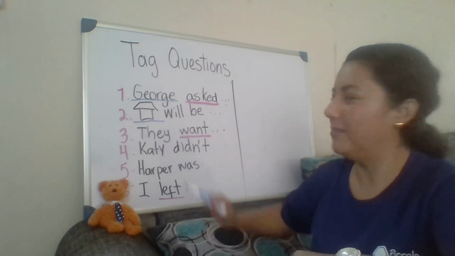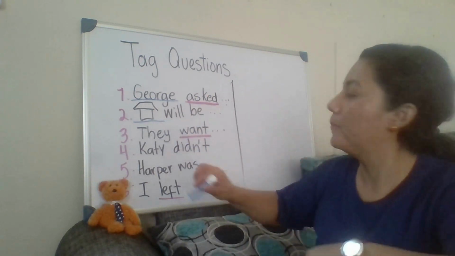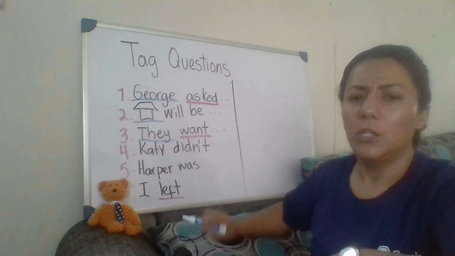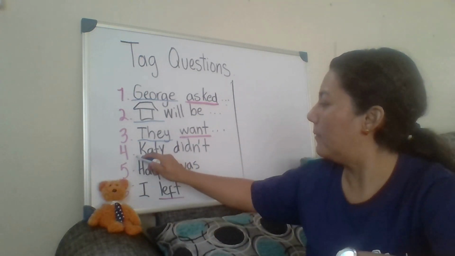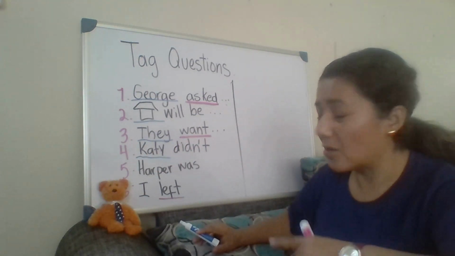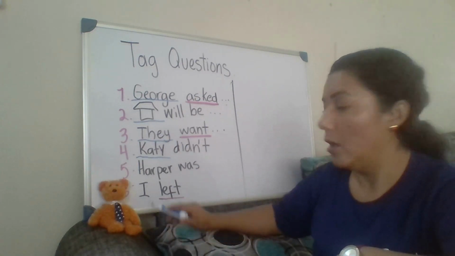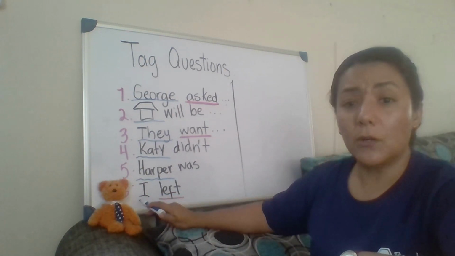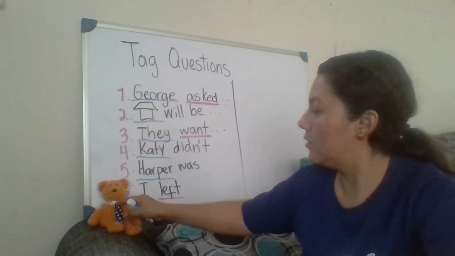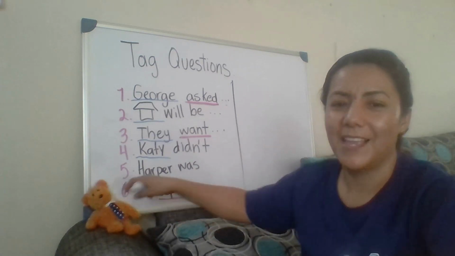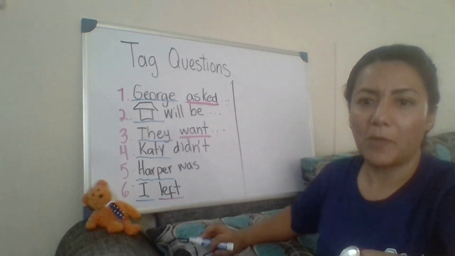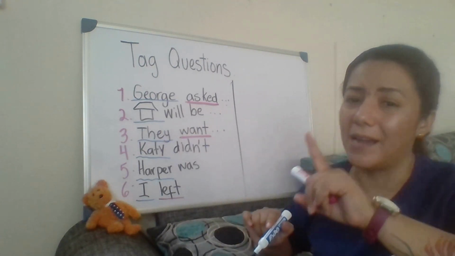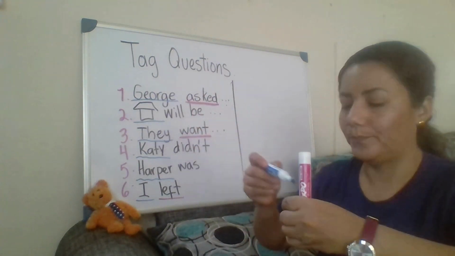Our new classroom. I choose draw picture. Shoulder. Do we have a subject in number 3? Faye. Do we have a subject in number 4? Katie. Is there a subject in number 5? Harper. That's a girl's name, Harper. Is there a subject in number 6? I. Okay, we have that part, which is important because it's in the rules.